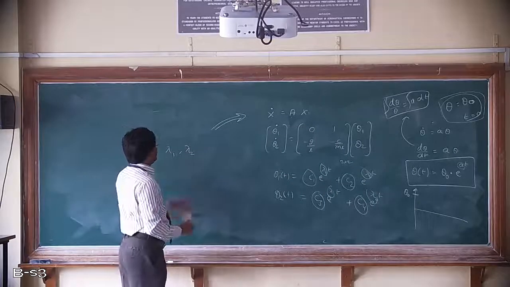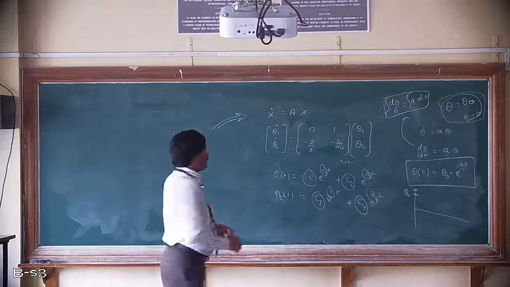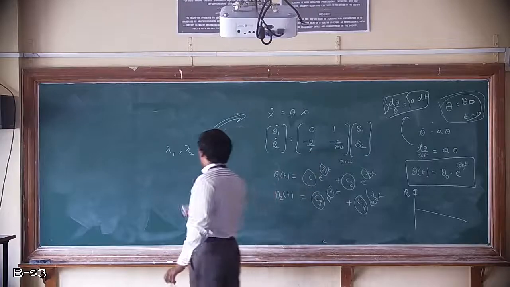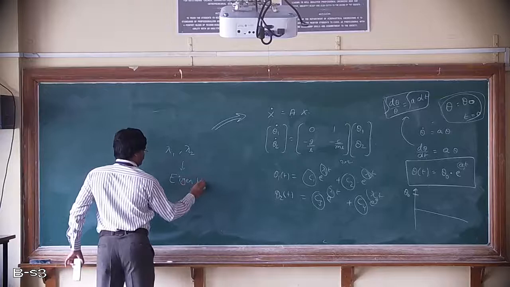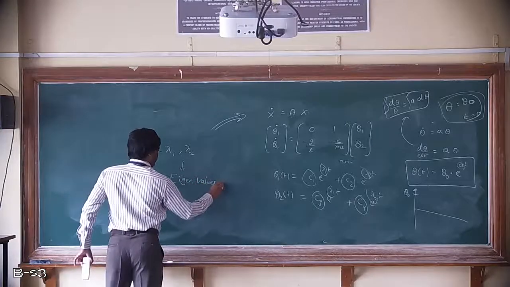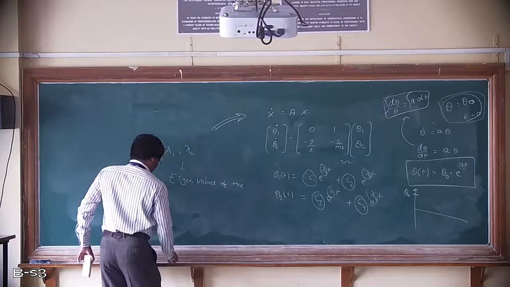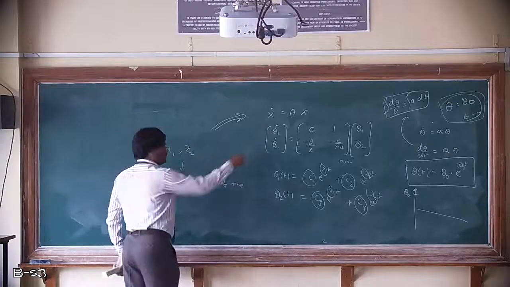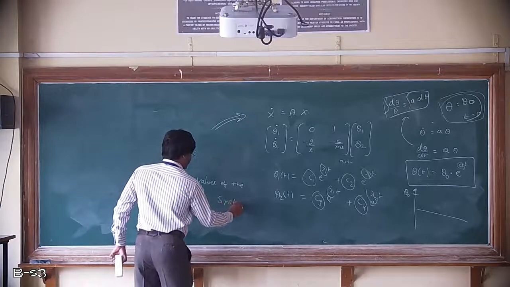What are these lambda 1 and lambda 2? These are nothing but the eigenvalues of the system, the eigenvalues of the system matrix, right?